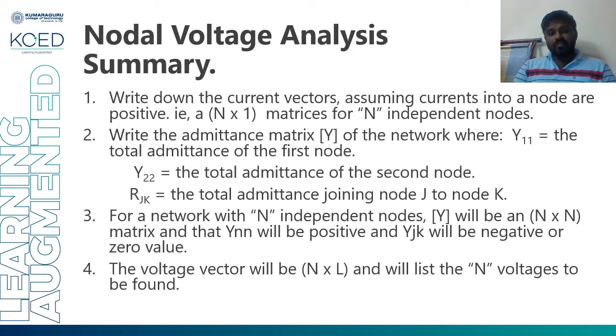For a network with n independent nodes, Y will be an n into n matrix, and ynn will be positive while yjk will be negative or zero. The voltage vector will be n into 1 and will list the n values to be found.